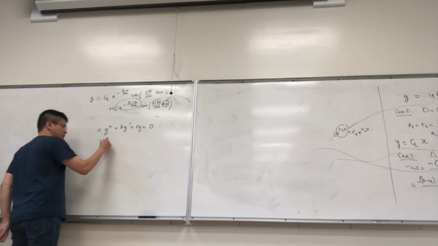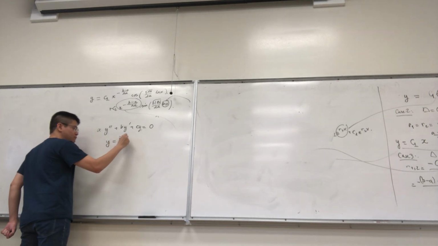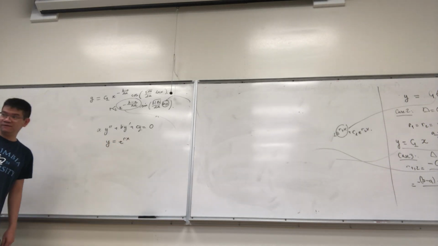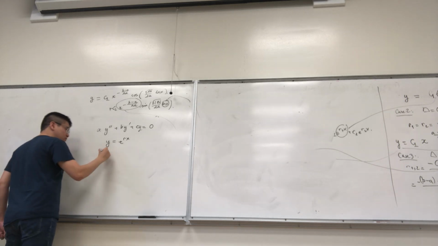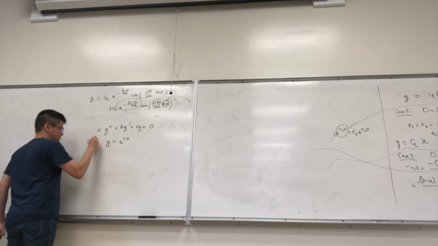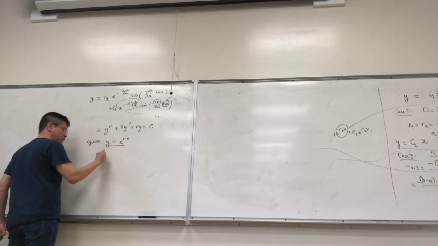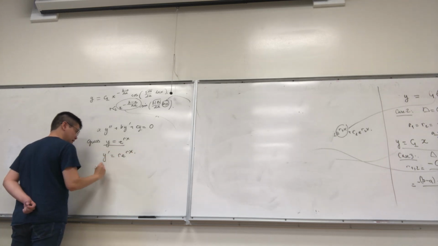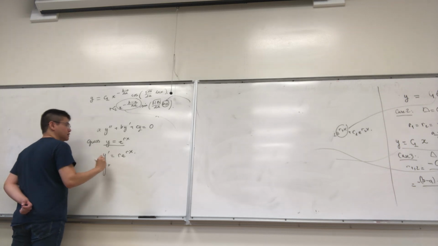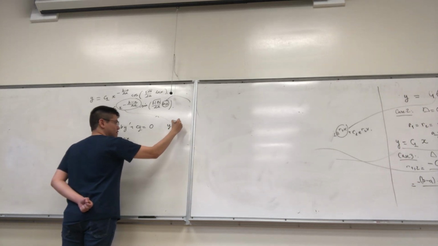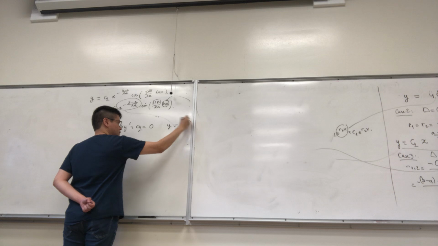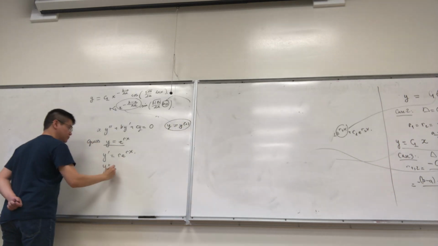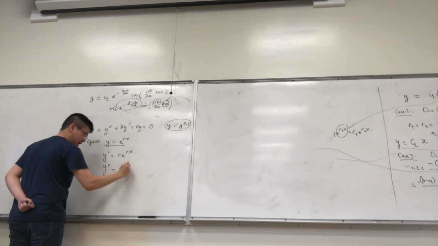So in the previous class, we guessed the solution of the form e to the rx. So you guess that the solution is of this form, then y prime will be r e to the rx, and y is a function of x, remember that. So y second will be r squared e to the rx.